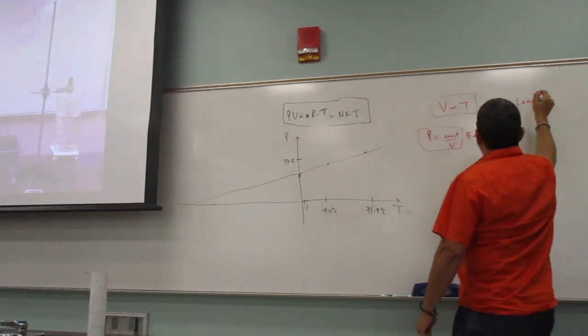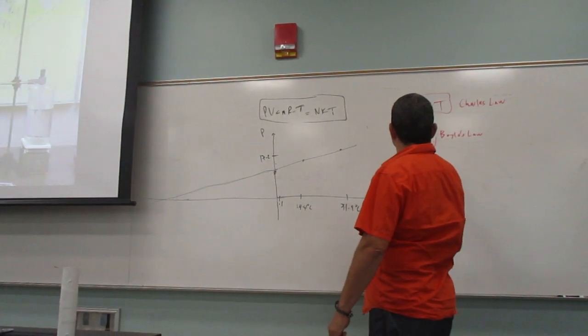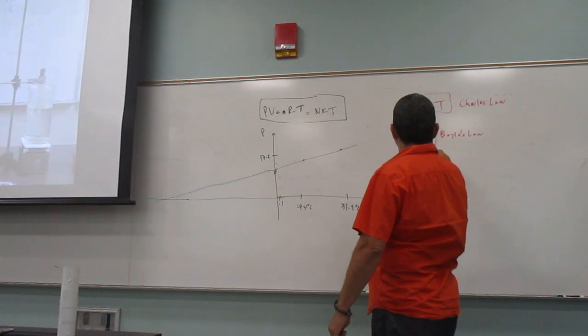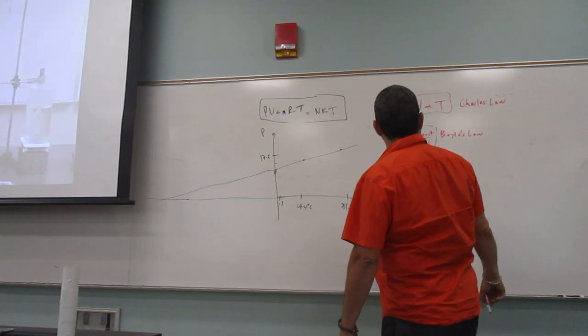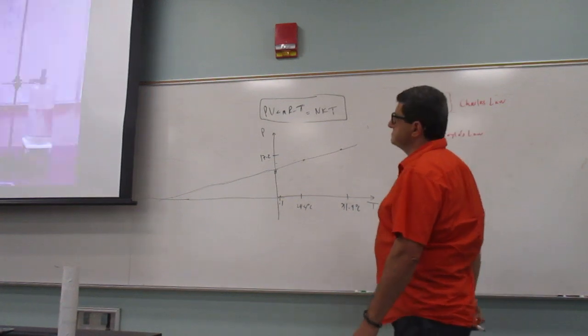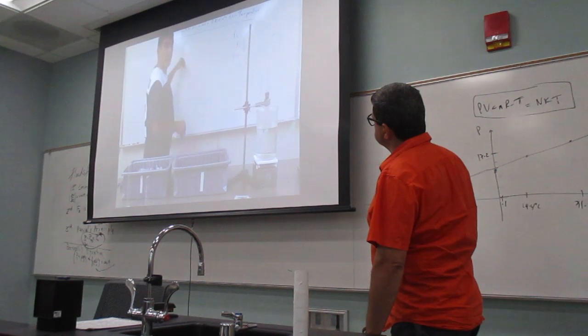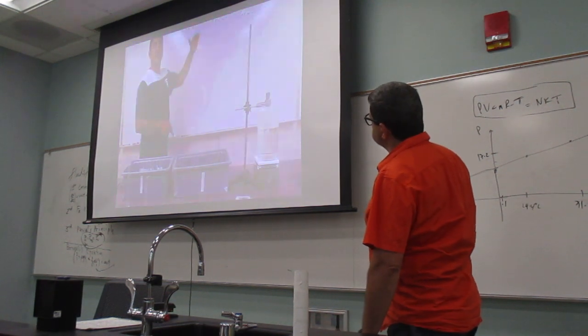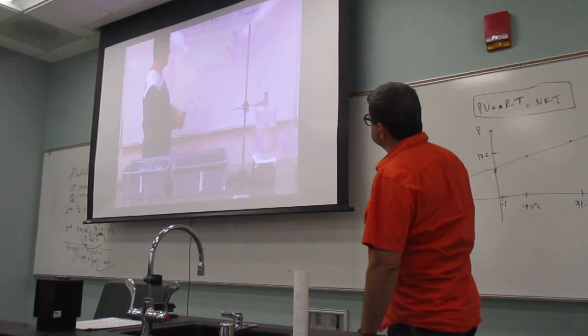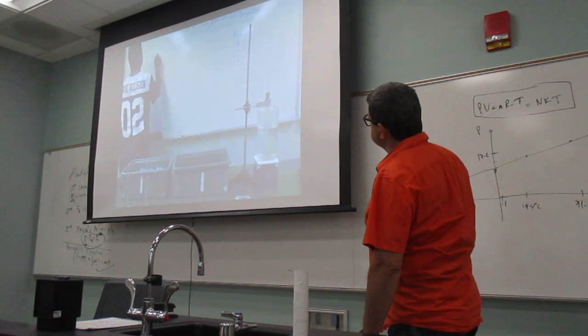The other video that I've done is also similar to this, where I took a pressure gauge and I put it into different containers of water, and I found the pressure. So there I was concentrating on the relationship between pressure and temperature. So one is pressure and volume, the other one is volume and temperature, and the third one is pressure and temperature, PV equals nRT.